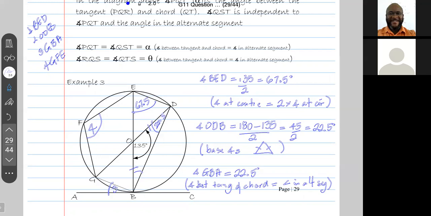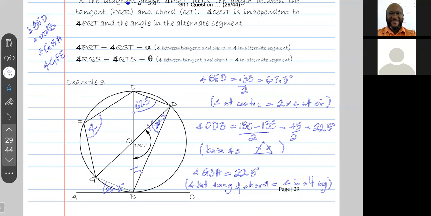So the angle at 3 is also 22.5 degrees. This angle here is 22.5 degrees, because the angle between the tangent and chord at the point of contact B is equal to the angle in the alternate segment.